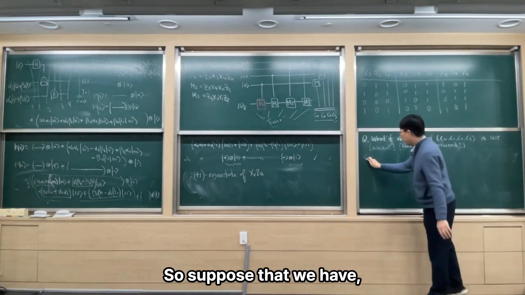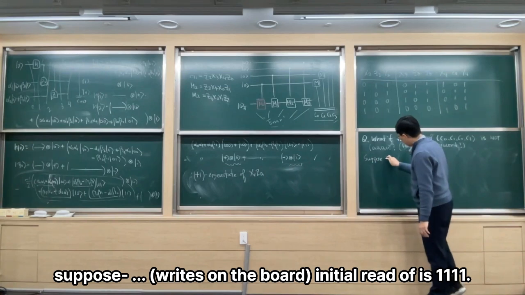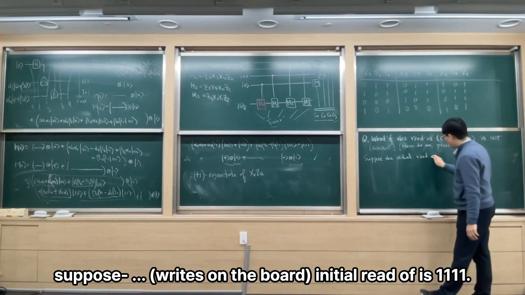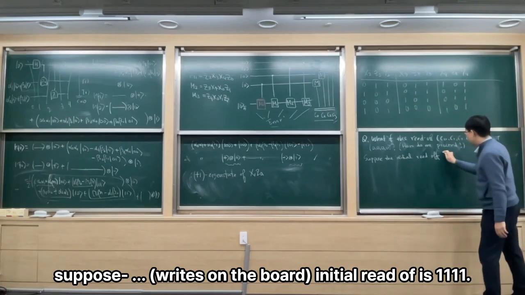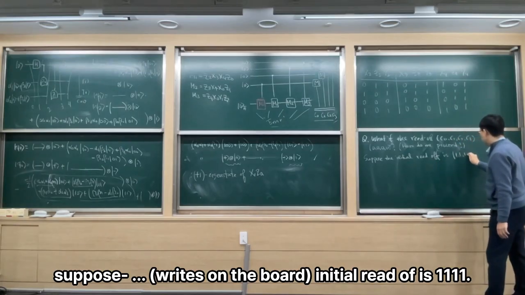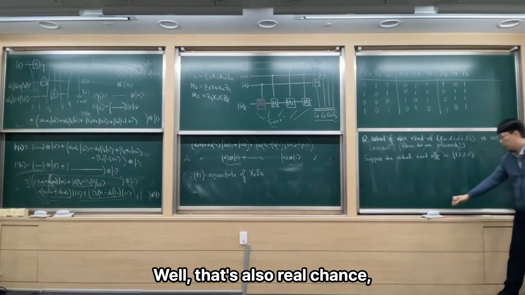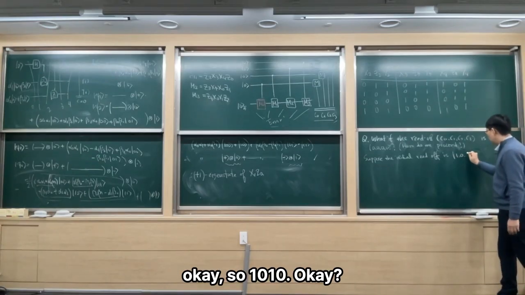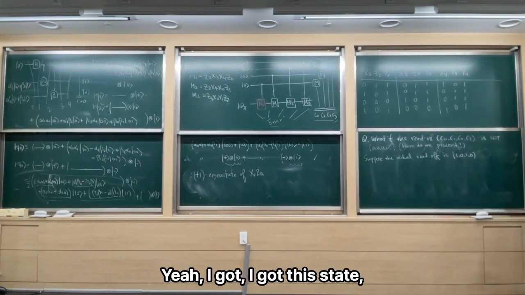So suppose the initial read off is 1, 1, 1, 1. Well, that's also a real chance, so maybe it's better to say 1, 0, 1, 0. Okay, I got this state.